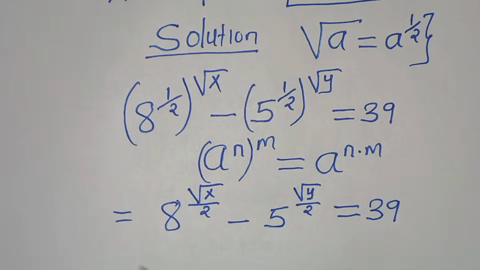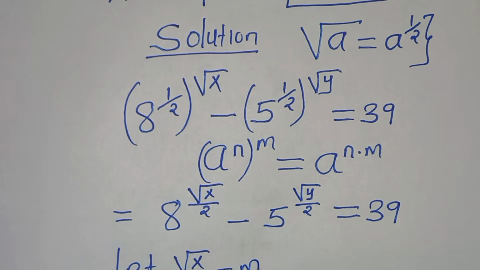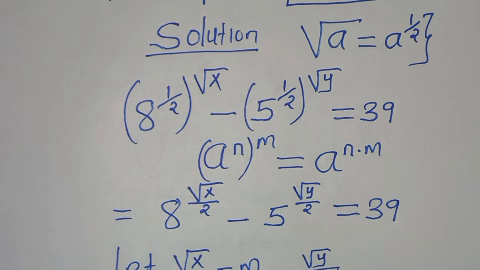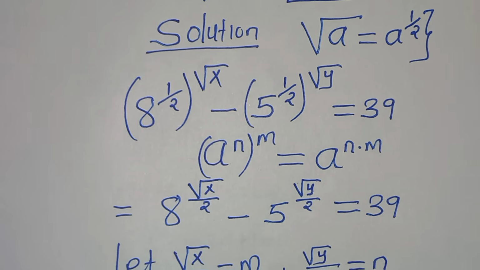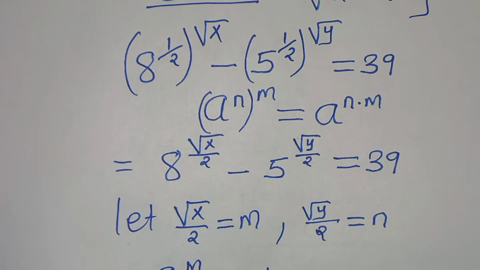The next step is that we can let square root of x divided by 2 be equal to m, and we can let square root of y divided by 2 be equal to n. So this implies that here we have 8 to the power of m minus 5 to the power of n.